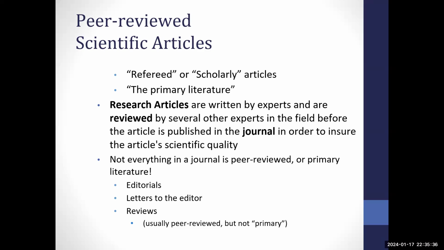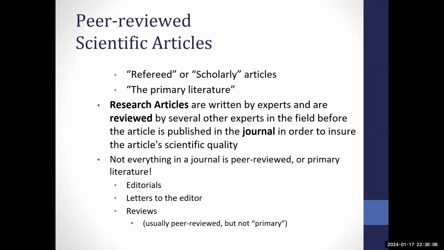And when this process takes place, we are confident in the information that's found within those articles because they were written by the primary author, so the person who actually did the experiment or made the observations themselves, and they are reviewed by other scientists who are also in the field, who are also going to check for the validity of what is in those articles.